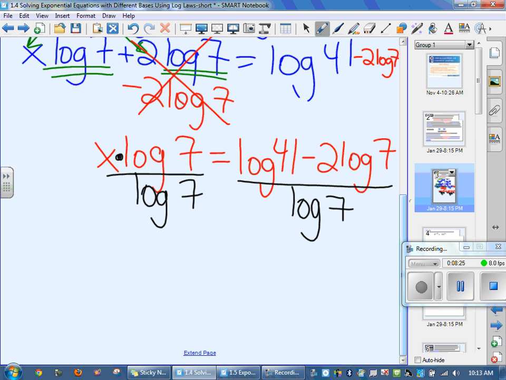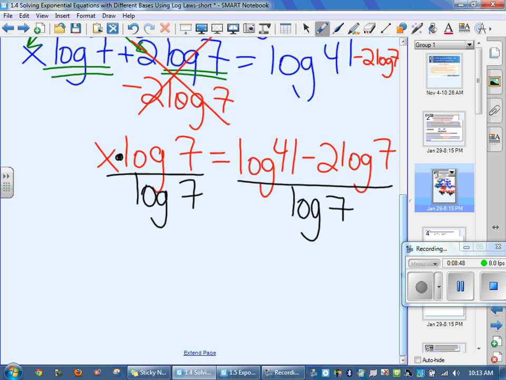Now again, when you've got more than one thing on the top that was separated by a negative or a positive sign, you need to make sure that you type it in the top separately from the bottom. So you're going to solve your top, hit enter or equals, then divide by log 7 in the bottom, and then enter. So everybody give that a try, practice that, and round to 2 decimal places again, please.